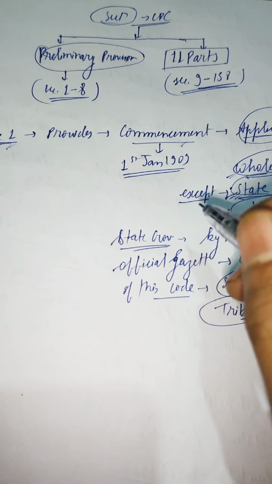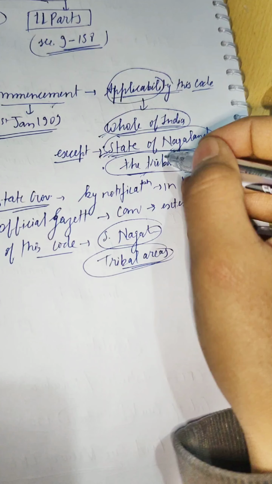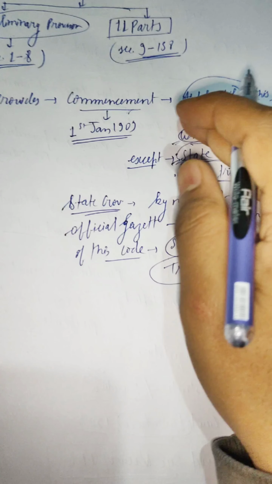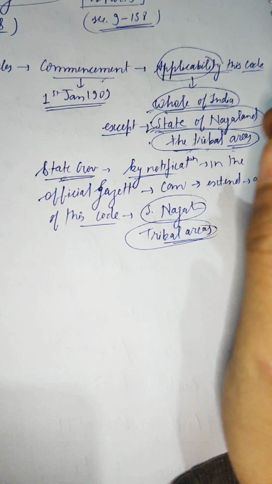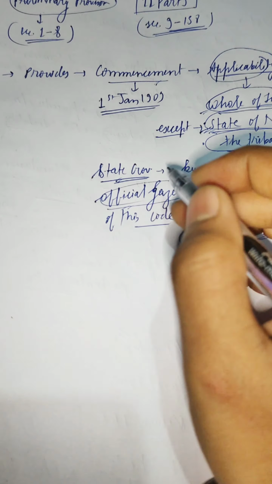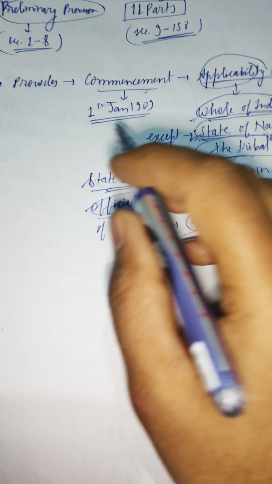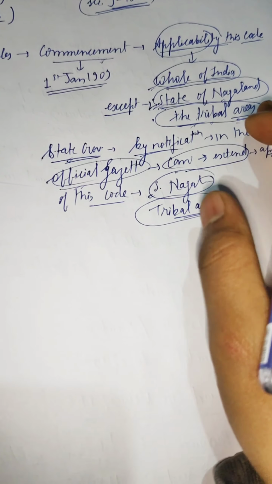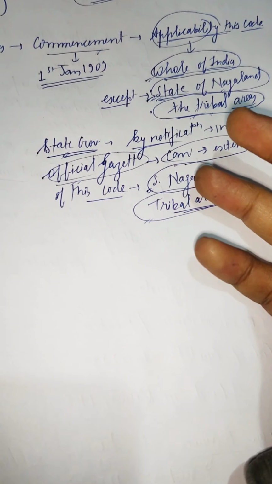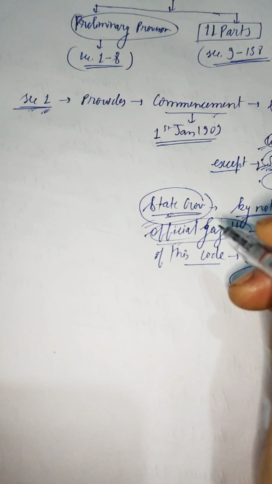It means that all the provisions of CPC will be applicable in all parts of India, except Nagaland and tribal areas. But there is a provision given in section 1 itself that the particular state government, by notification in their official gazette, can extend the applicability of this code, in the whole of Nagaland or any part of Nagaland, or in a whole tribal area or any particular part of the tribal area which came within the ambit of that state government.